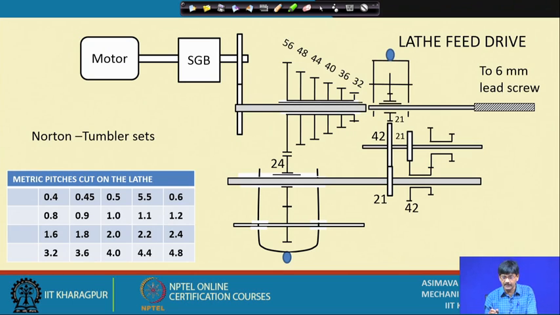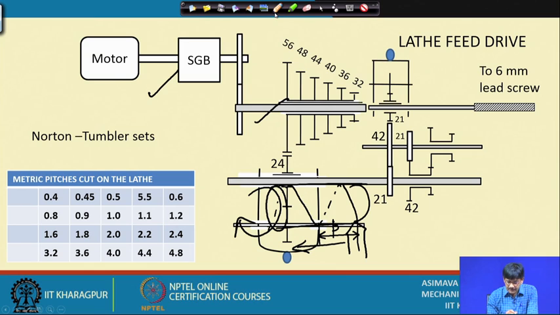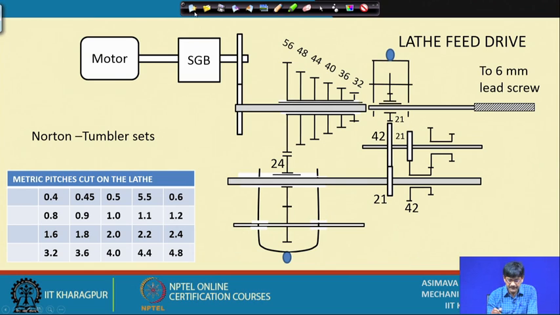In order to obtain that, if we can reverse the gear ratios, then we will be obtaining it. So, instead of giving power directly this way, we give the power here.